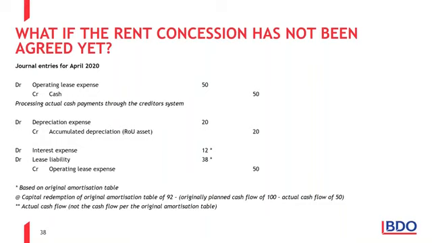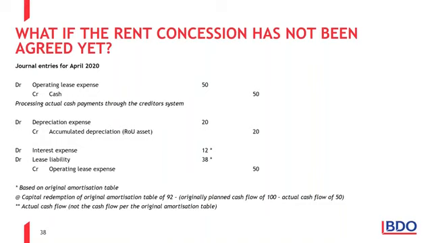Now, if you process that information, credit operating lease expense 100, debit interest expense 12 and debit lease liability, the balancing figure of 88, what will happen is you are inadvertently booking a gain to your P&L.